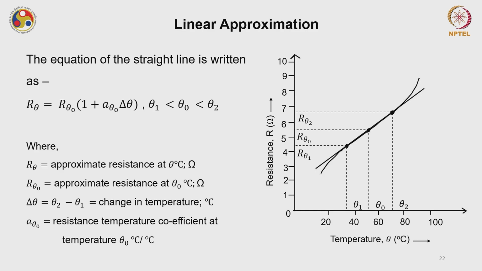In this equation, R theta denotes the approximate resistance at theta, R theta naught represents the approximate resistance at theta naught, and delta theta is the difference between the two temperatures, theta 2 minus theta 1, which is the change in temperature, and alpha theta naught is the resistance temperature coefficient at temperature theta naught.